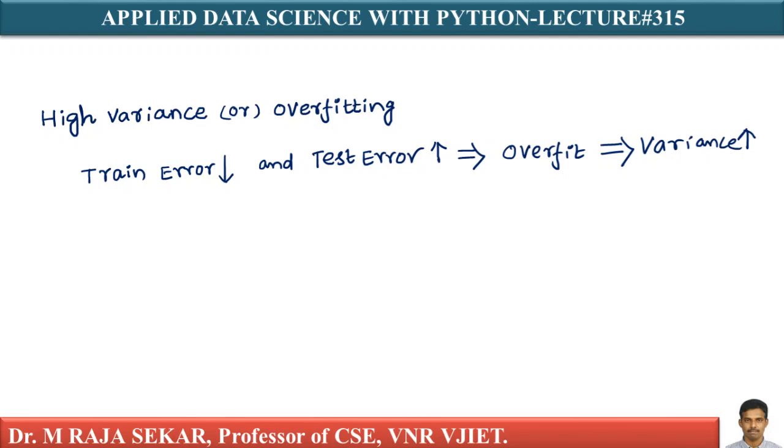If train error is very low and test error is very high, then your model is an overfitting model. It has got high variance.